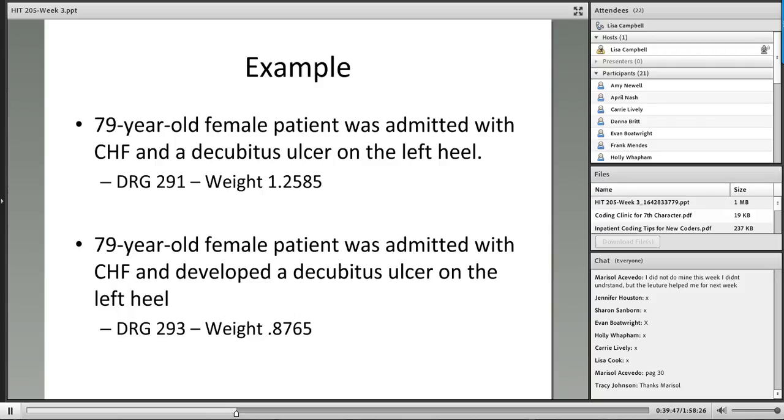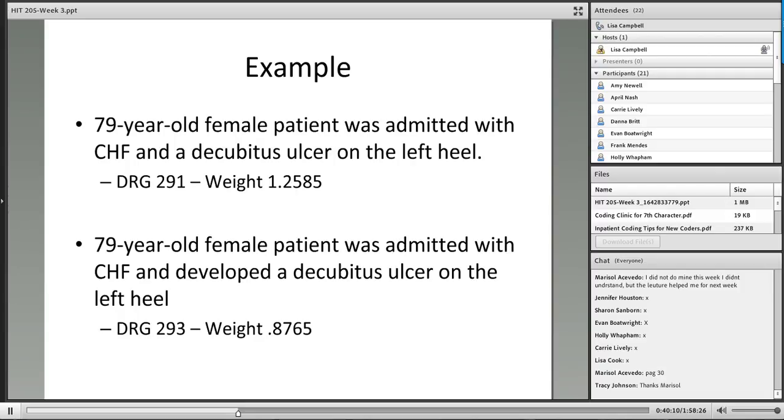But let's look at a 79-year-old female admitted with congestive heart failure and developed a decubitus ulcer on the left heel. From Medicare's perspective, that ulcer was not present on admission, and as a result, they ignore that diagnosis.